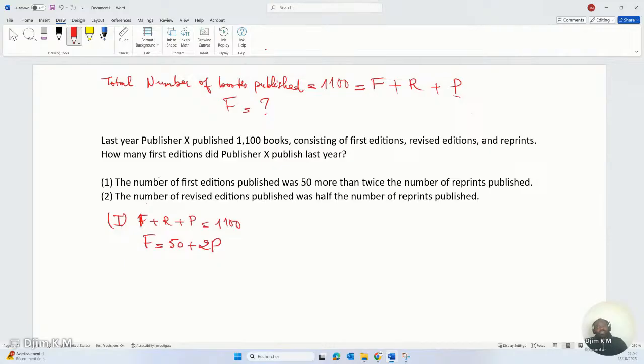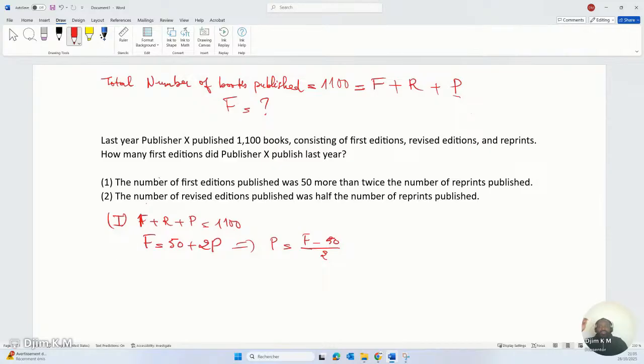So this is not sufficient, because this can lead us to say that P is equal to (F minus 50) over 2.